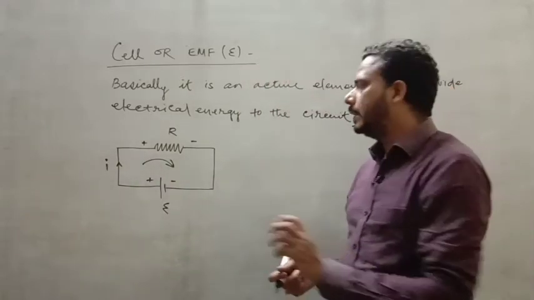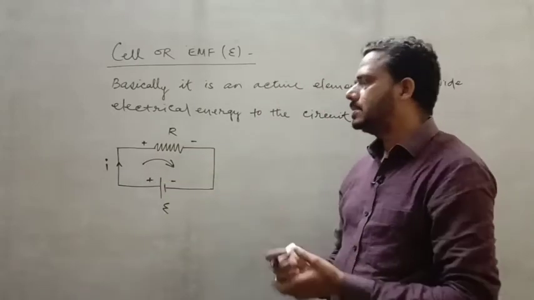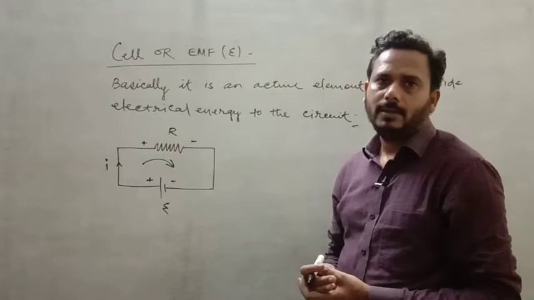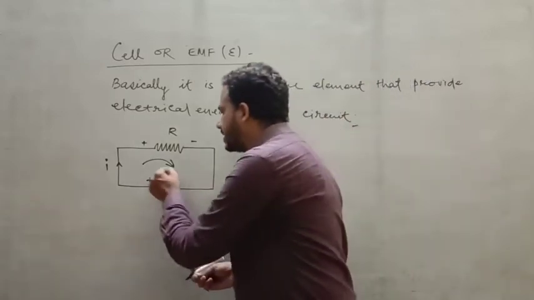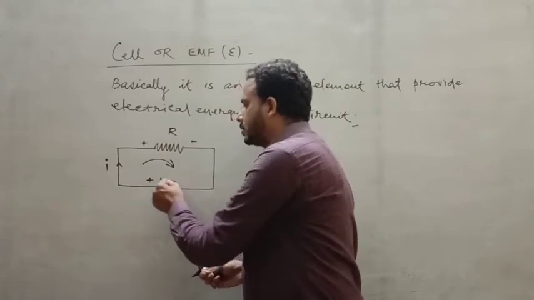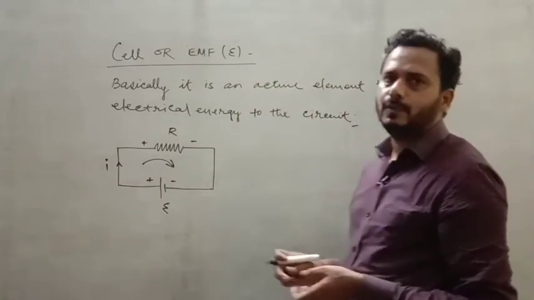That means you are getting load at this resistor and it is operated simply. But exactly what happens inside this EMF, by which it is called EMF? EMF means electromotive force.